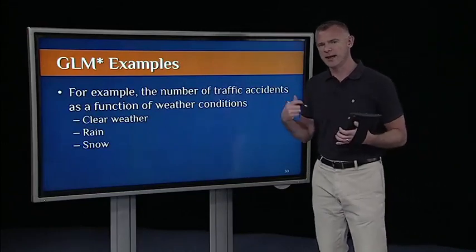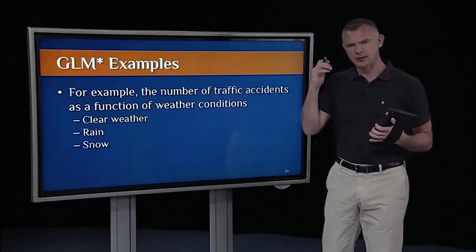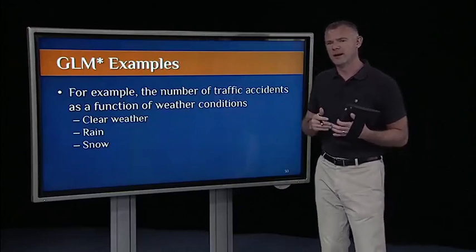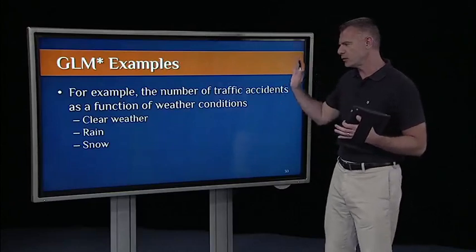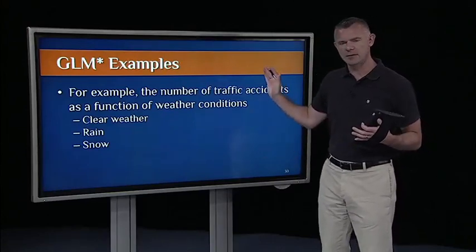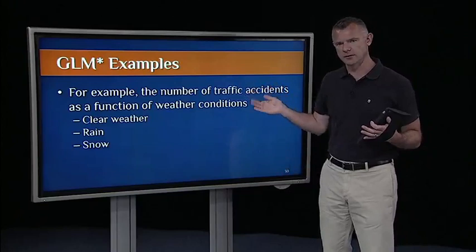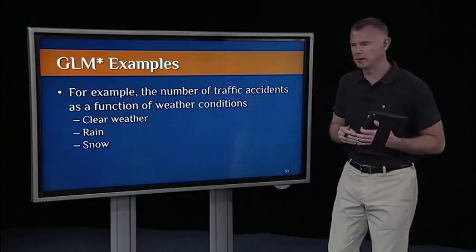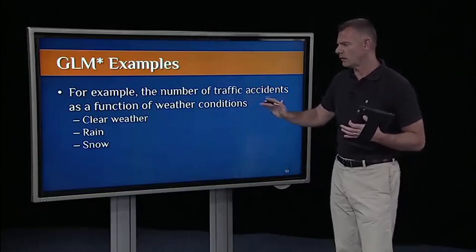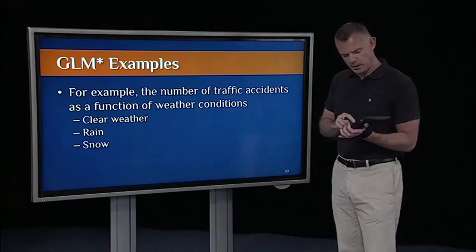We talked about traffic accidents as a function of talking on a cell phone, right? But regardless of that, you could just look at traffic accidents as a function of weather conditions. So this is like difficulty in the driving simulator.